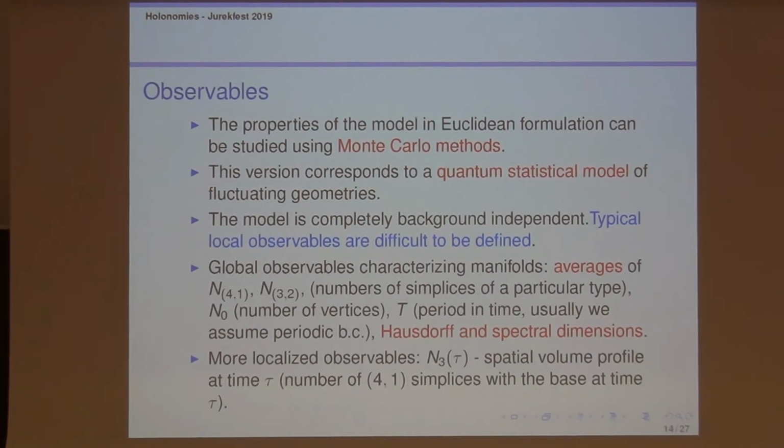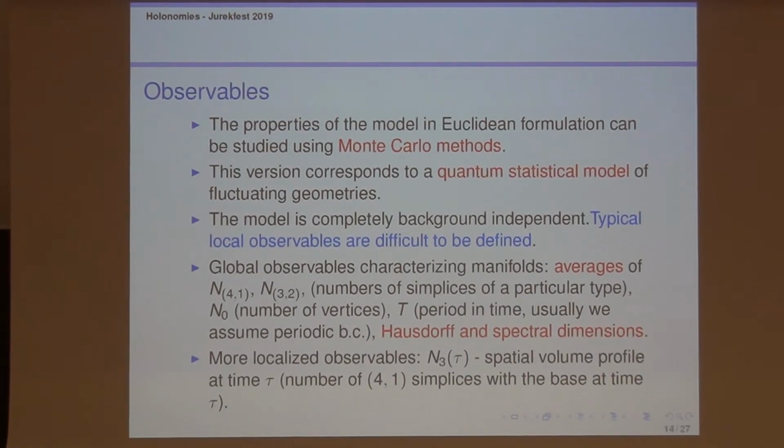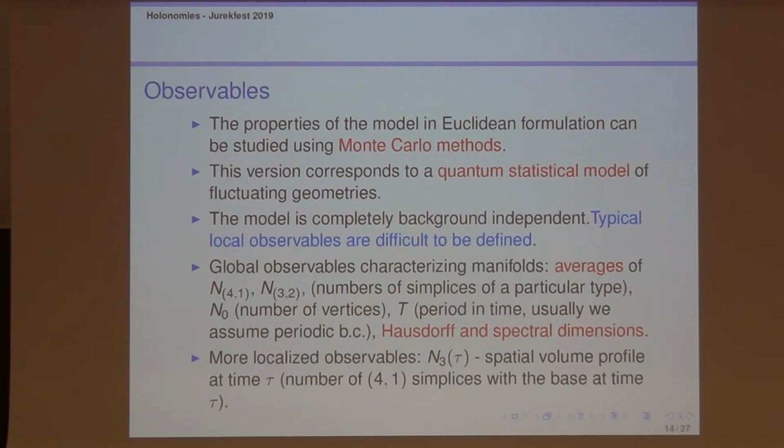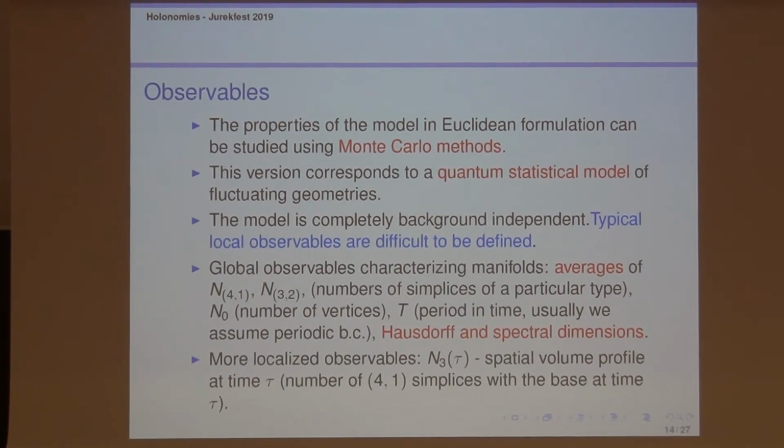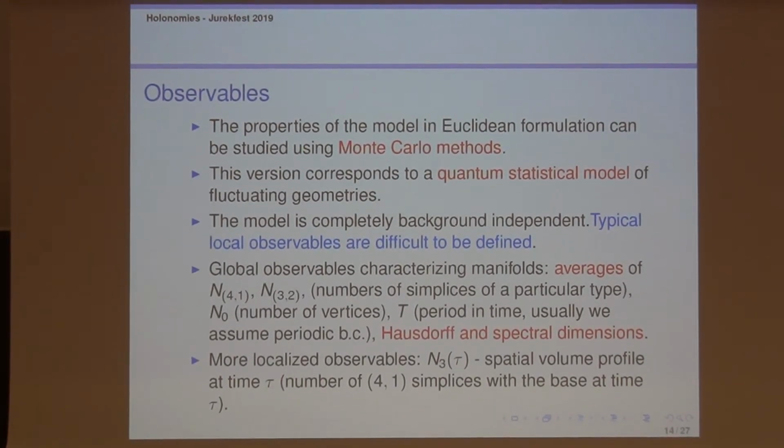For such an average object, we can calculate the Hausdorff dimension and the spectral dimension, and there are more localized observables since it evolves in time. We can also measure the profile of volume, how it depends on this imaginary time.